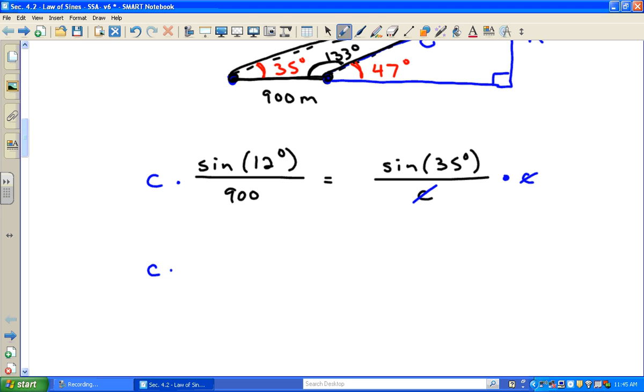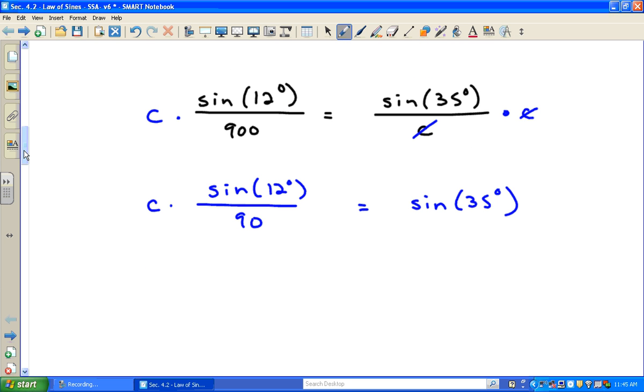Then I have c times sine of 12 over 900 equal to sine of 35 degrees. I then multiply both sides by the reciprocal of what's behind c. So c would equal sine of 35 degrees multiplied by 900 over sine of 12.